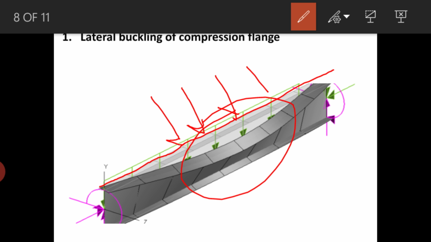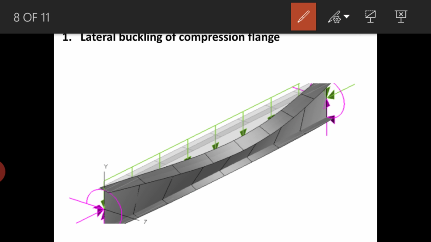This is out of plane deflection. In plane deflection we call bending, and out of plane deflection it has buckled. This is called lateral buckling, and it is also accompanied with torsion. Hence it is lateral buckling or torsional buckling of a beam. Suppose lateral buckling takes place, then it has been given here.